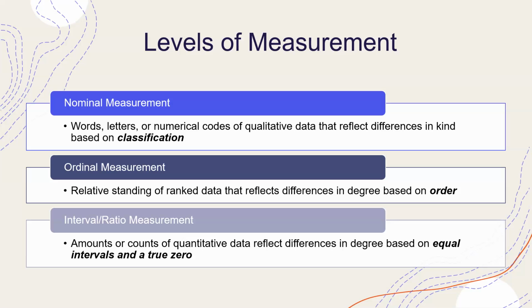A true zero signifies that the bathroom scale registers zero when not in use, that is, when weight is completely absent. Since the bathroom scale possesses a true zero, numerical readings reflect the total amount of a person's weight, and it's appropriate to describe one person's weight as a certain ratio of another's. It can be said that the weight of a 140-pound person is twice that of a 70-pound person.